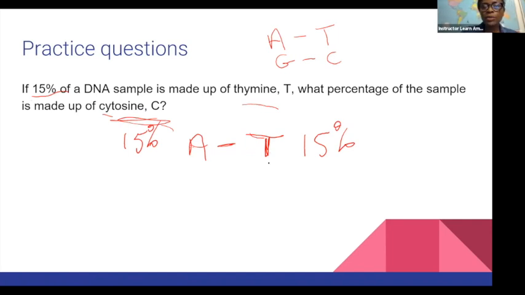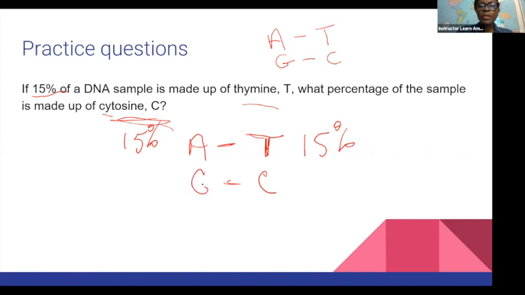So we can assume that there's 15% of adenine there. The question didn't want to know what's the percentage of adenine. They wanted to know what's the percentage of cytosine.